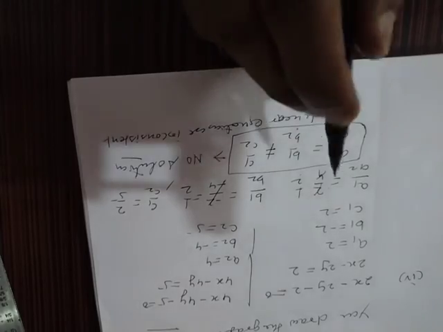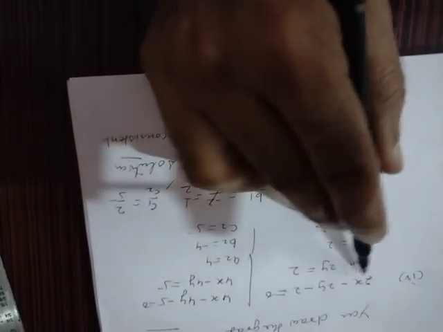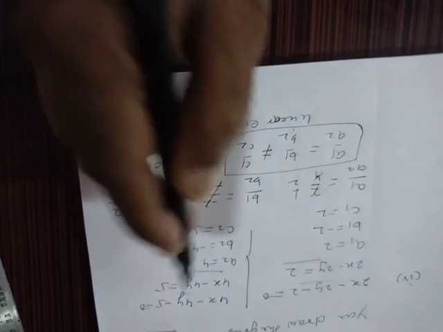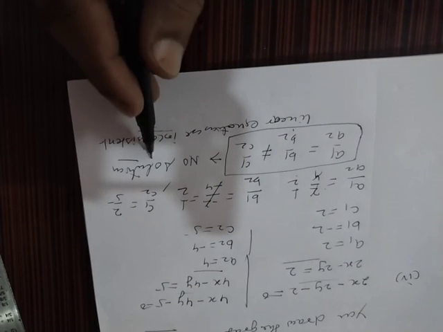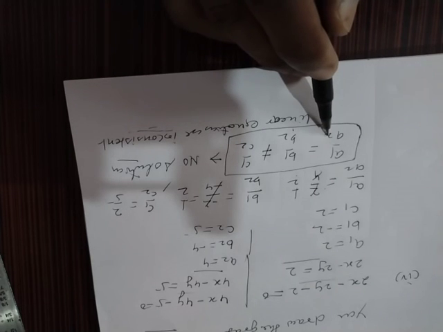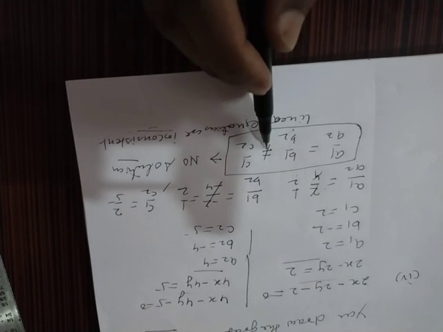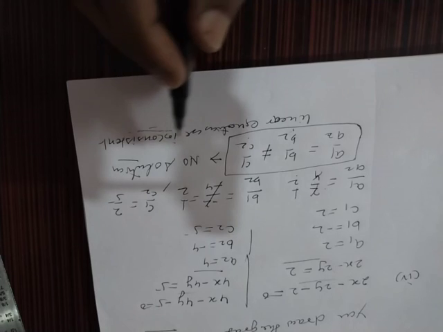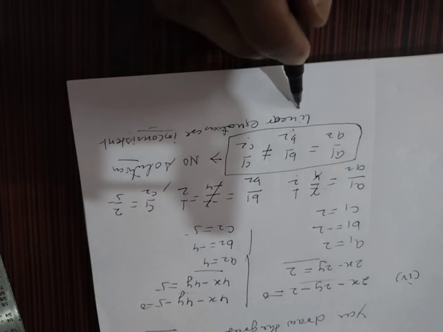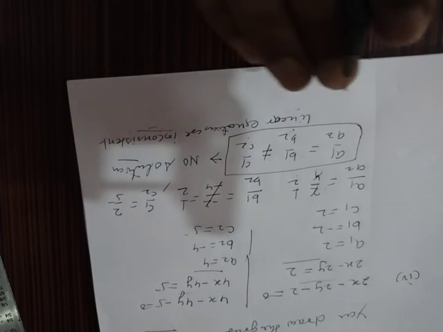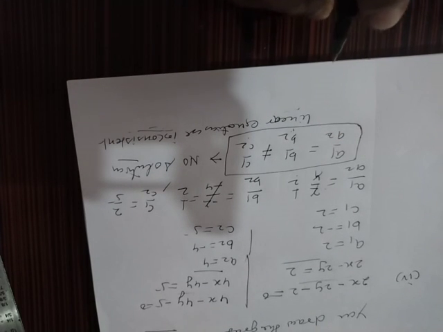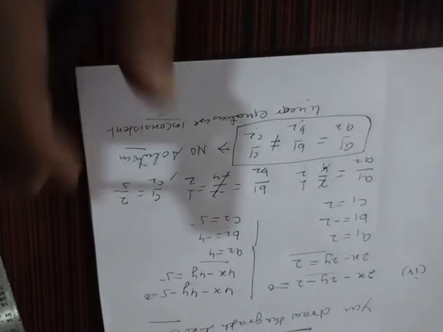If no solution is there, the condition is a1 upon a2 equal to b1 upon b2 not equal to c1 upon c2, then we can write no solution and the linear equations are inconsistent. So there is no need to draw a graph. Okay student, so you have completed your question number 4. Thank you.